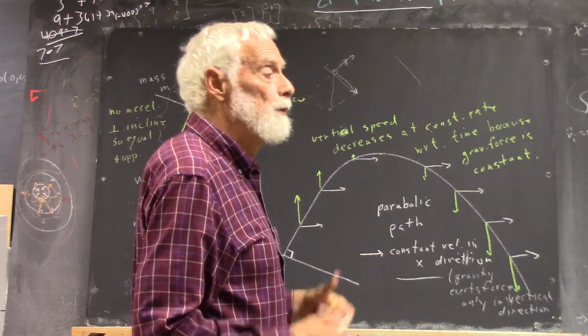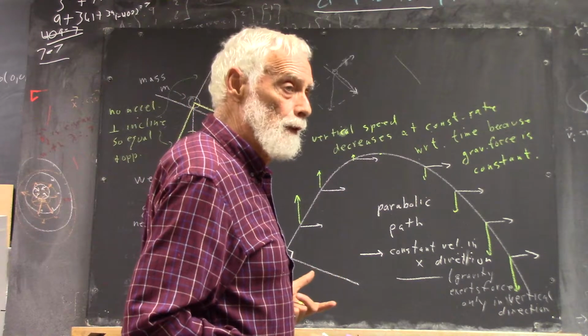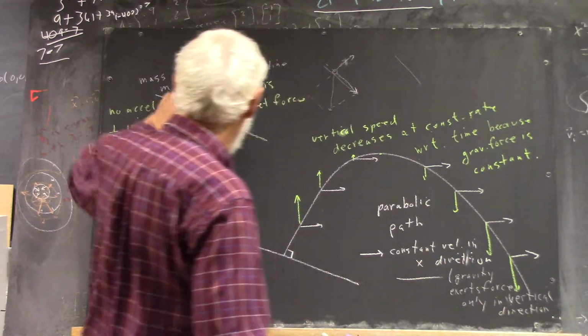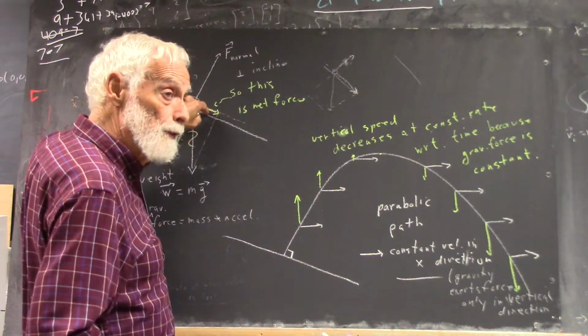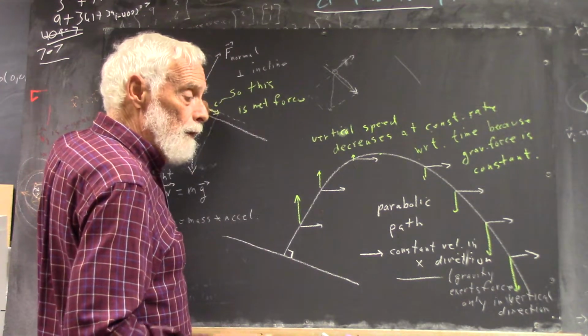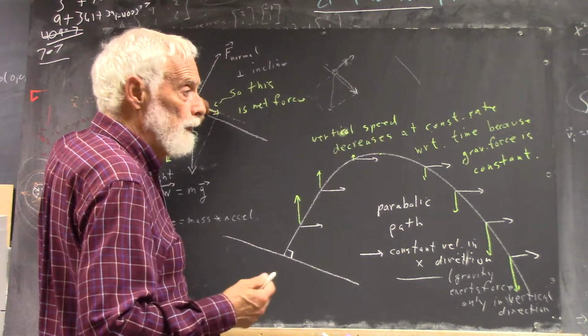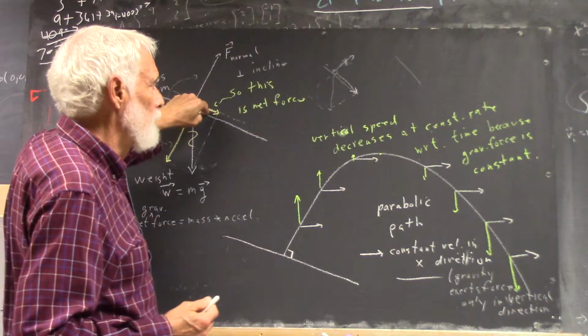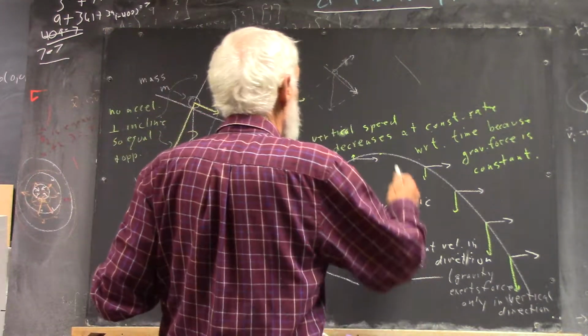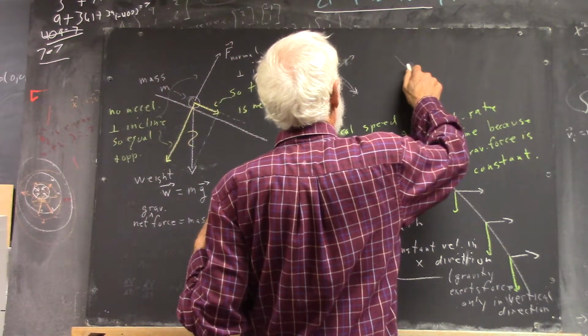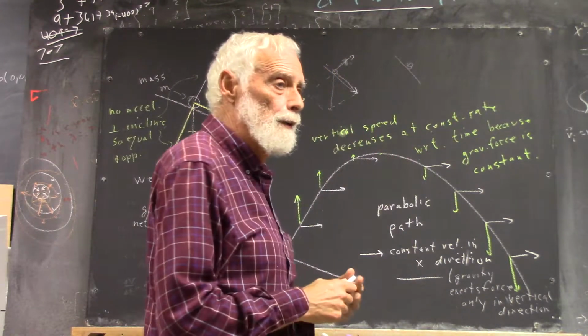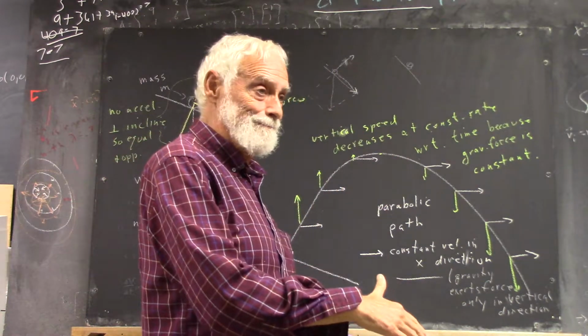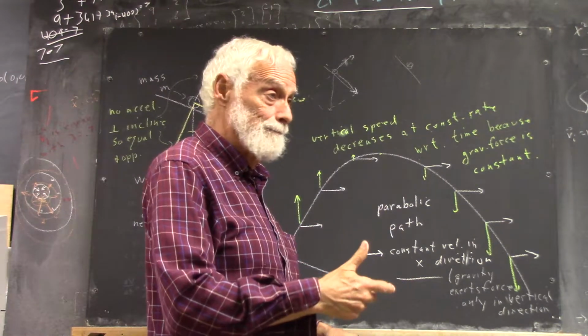Okay? Now we're assuming that there's no friction. If there's friction, then there's a little force back this way that slows the thing down. For the ball and the incline, that's rolling friction, but there's actually static friction as well, and we'll talk about that later. So this is the ideal case, and if there's no friction, the ball doesn't even roll, it just slides. Nothing to make it roll.